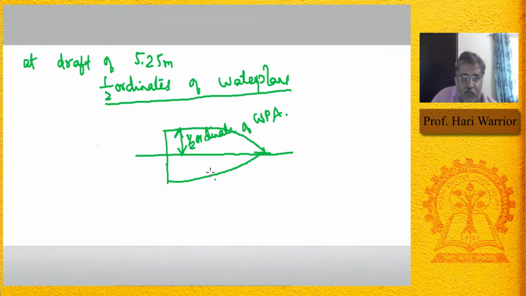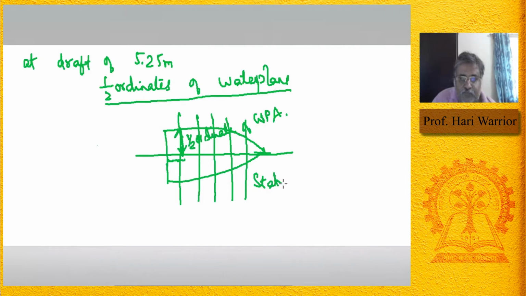What does this half ordinate depend upon, for a particular water plane? It depends upon this distance. Stations, exactly. So you will be talking about the half ordinates of water plane at various stations. Now let us see what the table gives.